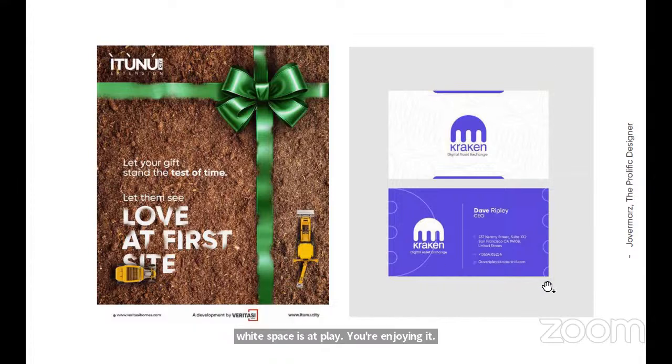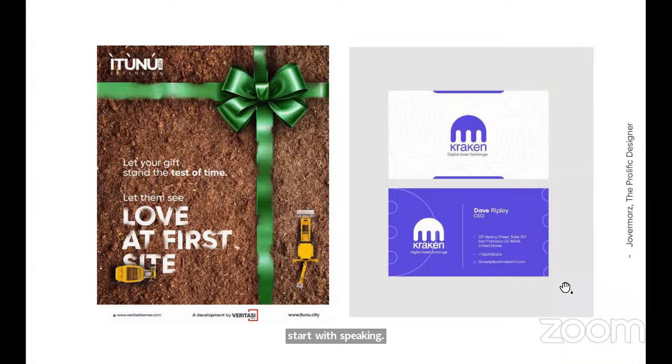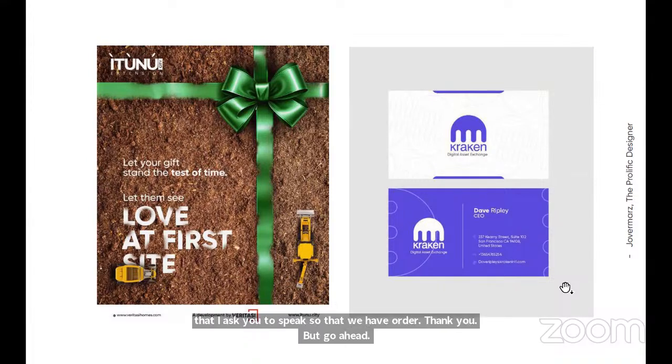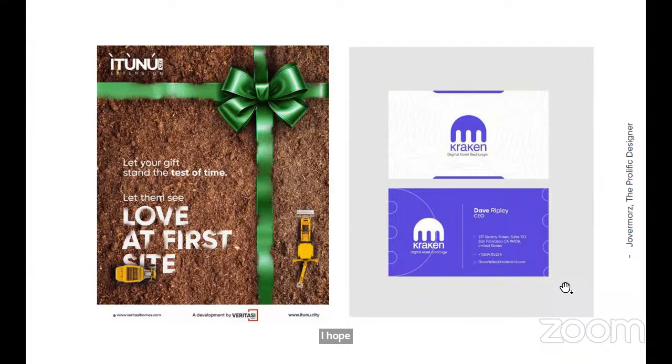But sir, I hope the design is real. Gani is speaking. Okay, Gani, remember to always raise your hand so that I can ask you to speak, so that we have order. Thank you. But go ahead. In as much as I like space too, like you like it, I hope it will not be making other images smaller.